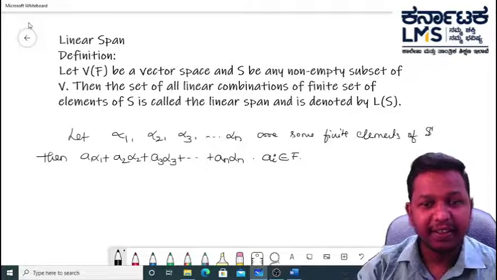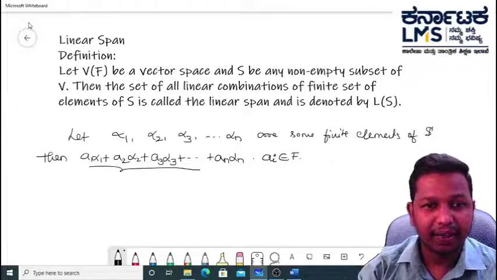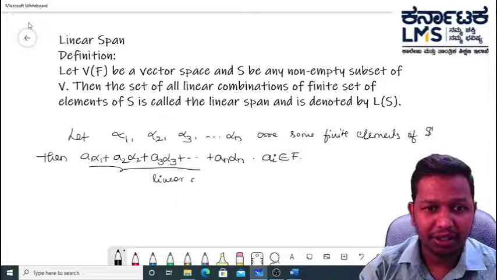That means they are scalars. This one we call a linear combination.